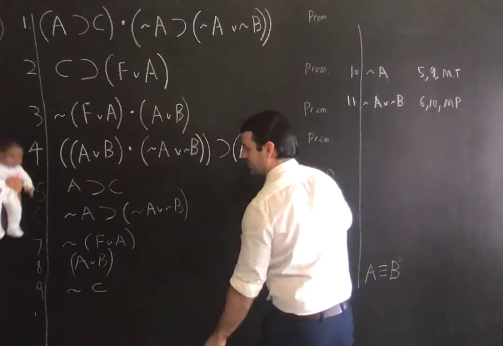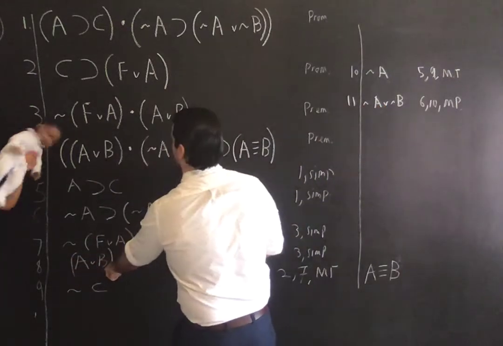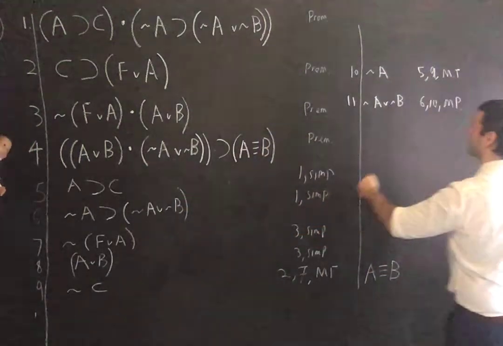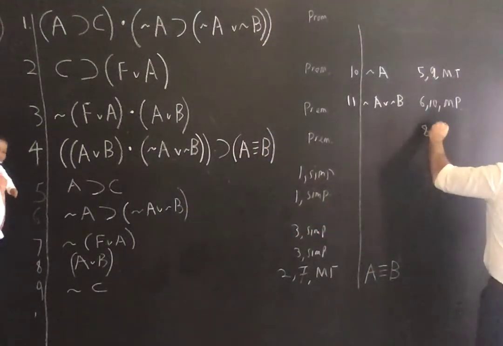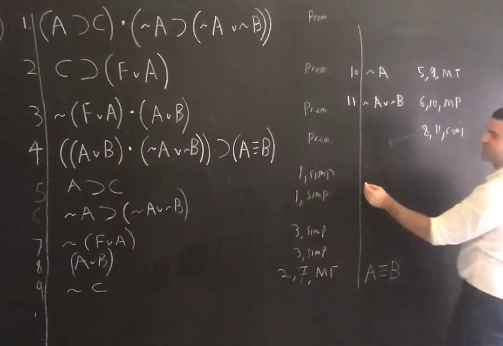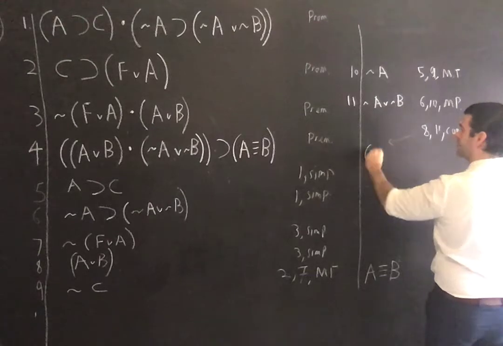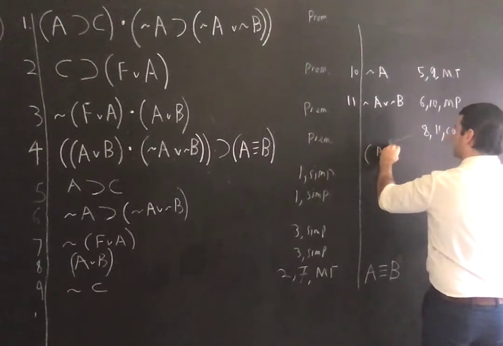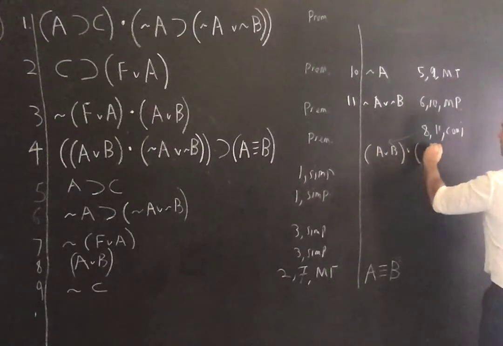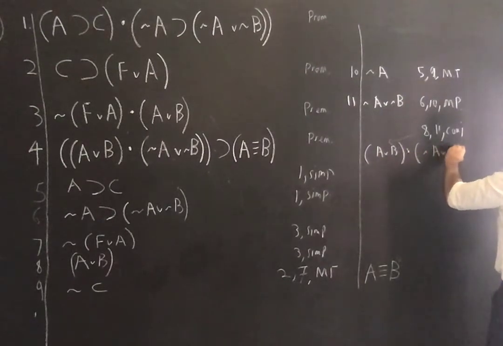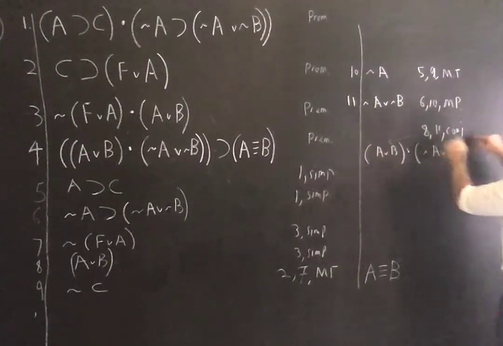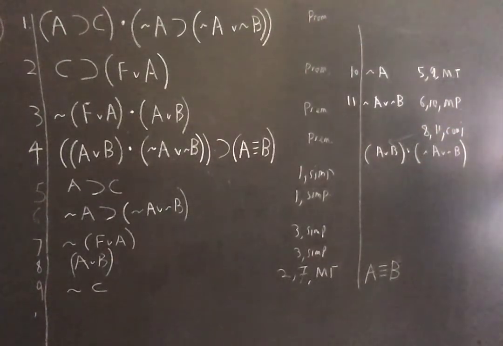So now I'm putting, what's this, 8 and 11 together by conj, right? 8 and 11 conj, oh, I've got enough space, but it is, right? A or B and not A or not B. All right, so that should be over here, right here, 8, 11 conj.